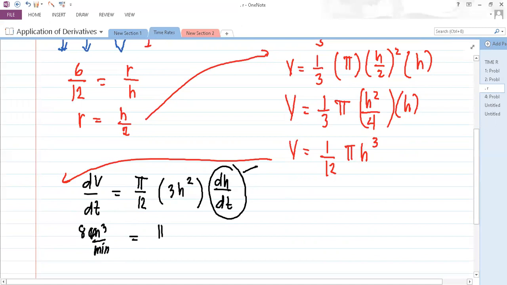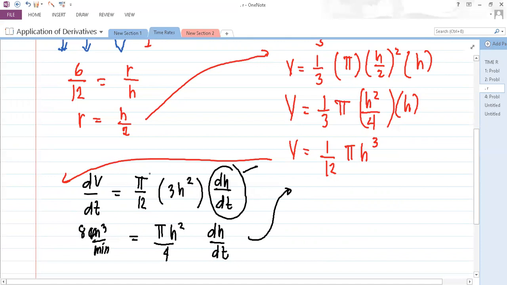So this is equal to pi h squared over 4 times dh over dt. So we can solve for the value of dh/dt.